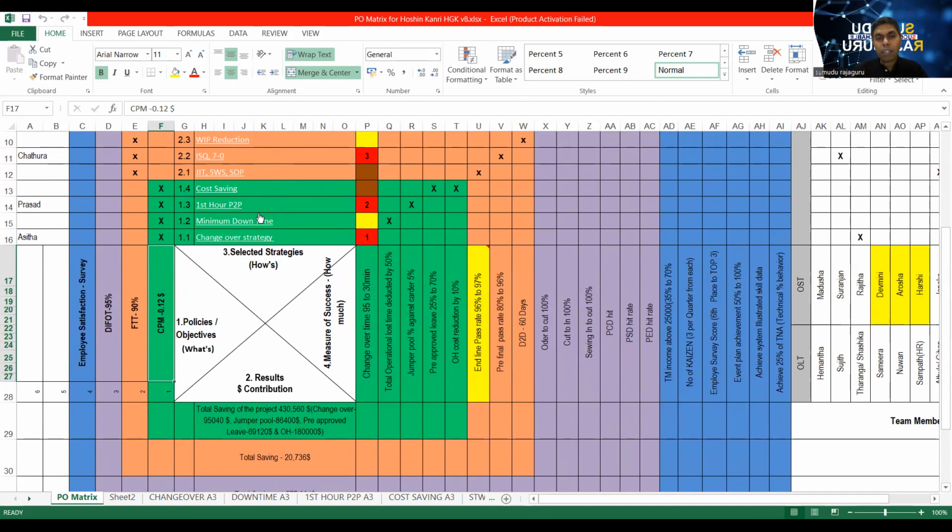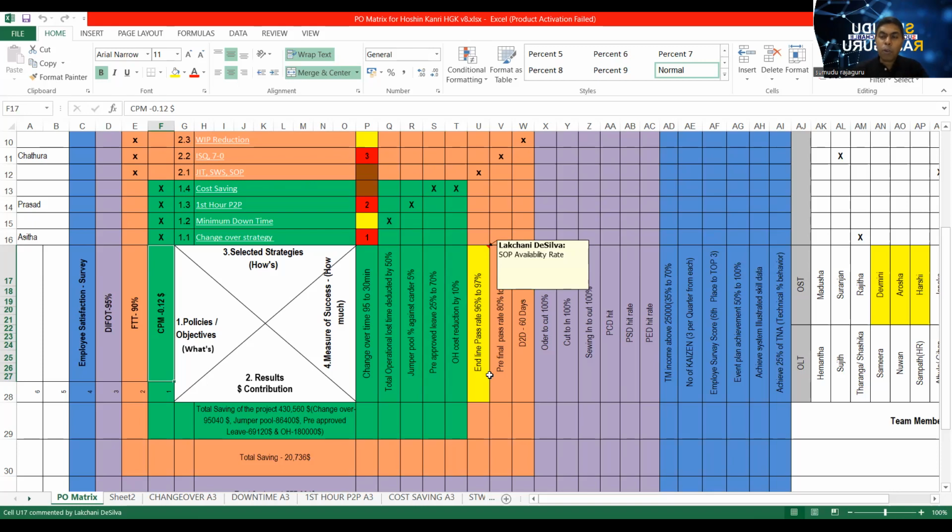After we develop the strategies, they should be connected with the measurement point, because from the measurement point only we can measure the success. Then this is the final result. So this is basically called the X matrix. Then after we prepare the X matrix, now we have to implement and get the results.